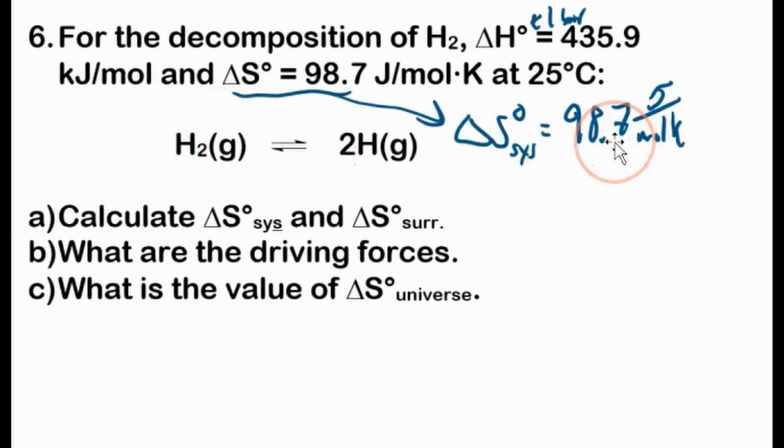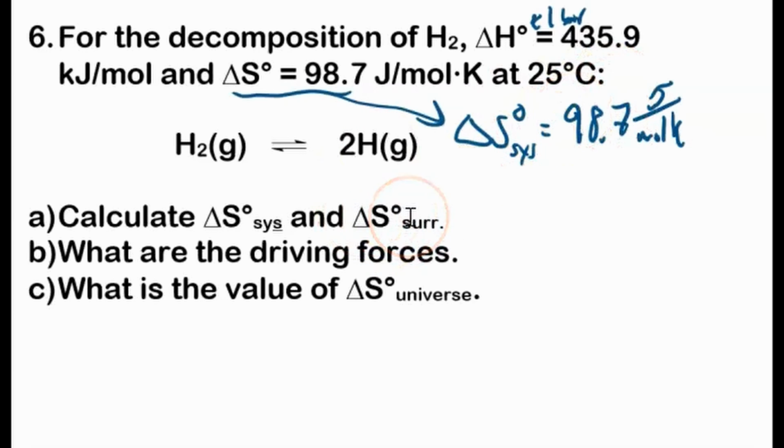And this makes sense. It's positive because for every 1 mole of gas that reacts, we get 2 moles. So we're kind of dispersing things out. We're getting more possible arrangements when we split the molecule up. Kind of more disorder spinning around in space, more possible arrangements. Okay, so this is positive, so that's good.